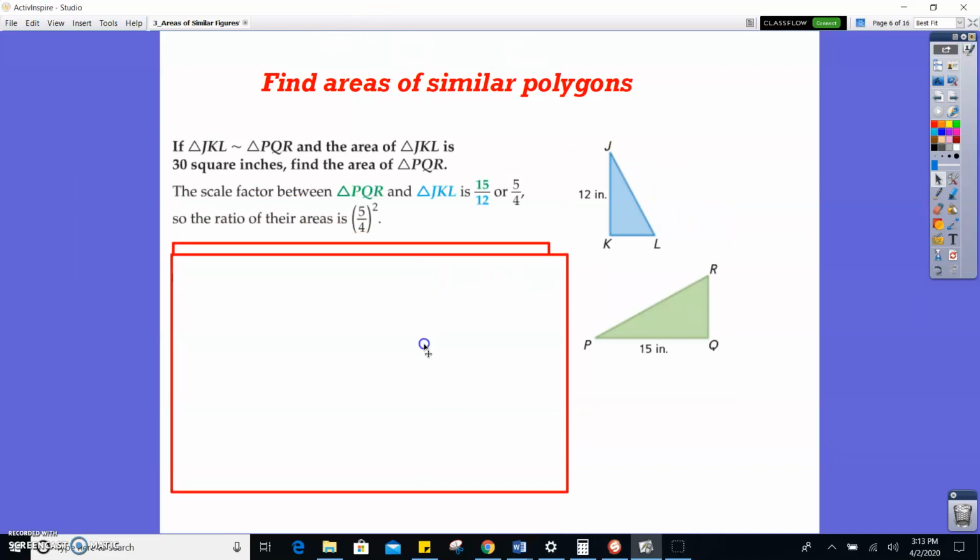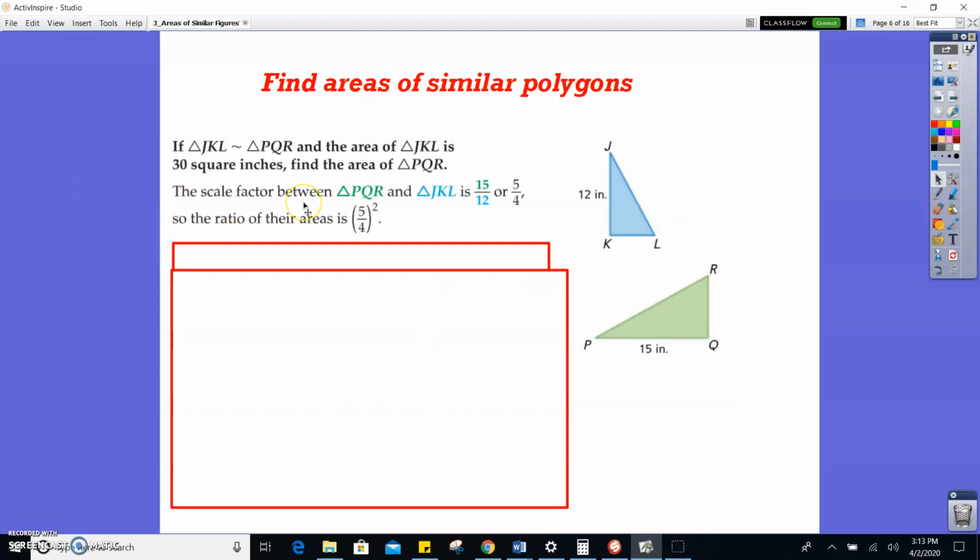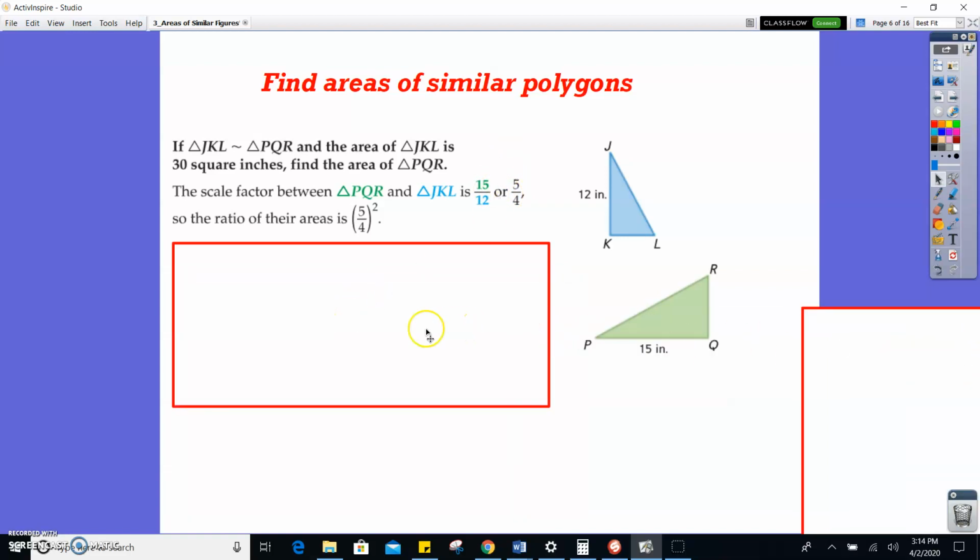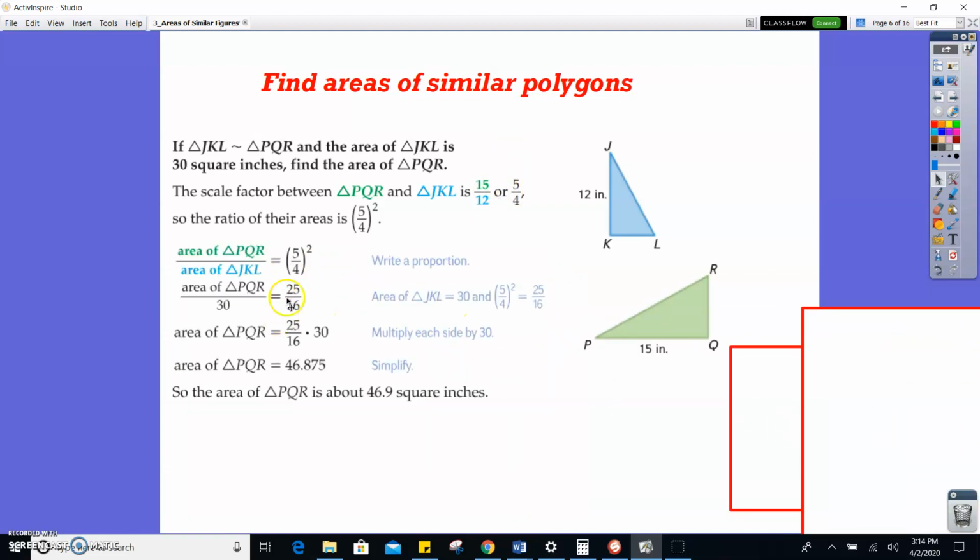Let's check our work. The scale factor, just like we did, we set it up of PQR over triangle JKL, and we got 5/4. But since the ratio of areas is scale factor squared, 5 over 4 squared gave us the 25 over 16. So we multiplied it by our 30 to get the approximate 46.9 square inches.